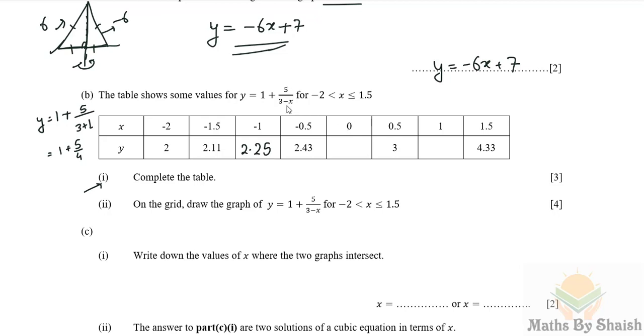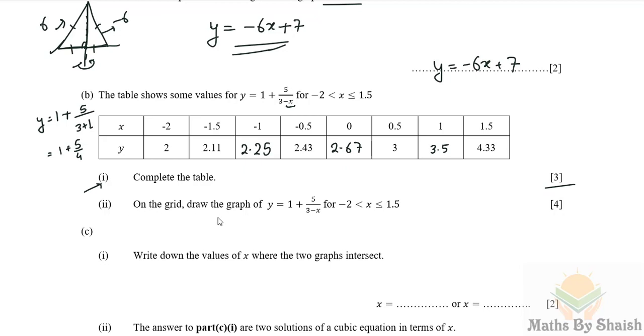At 0, the x cancels, so 3 only is left. 1 plus 5 over 3 is going to be 2.666, and so on, which means 2.67. At 1, it would be 1 plus 5 over 3 minus 1, that is 5 over 2, and 5 over 2 is 2.5, plus 1 is 3.5. So in this way we'll get 3 marks.